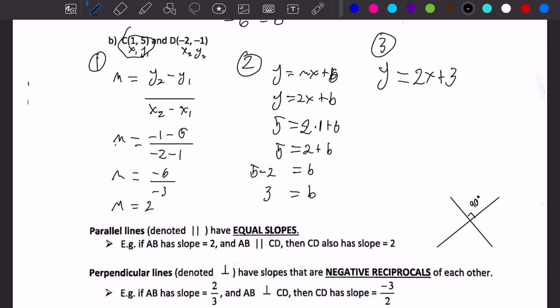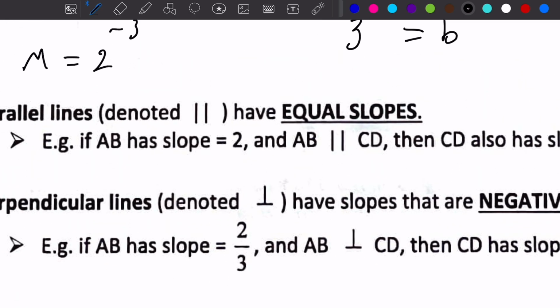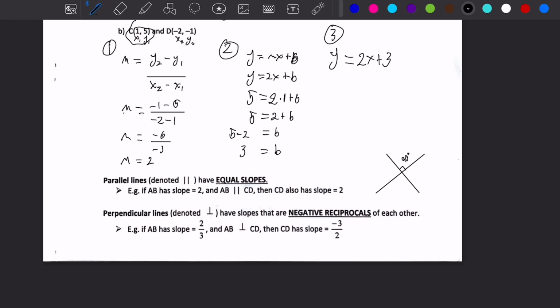If 2 lines are perpendicular, whatever the first line slope is, we are going to flip it. If it's a fraction, we'll flip the numerator and denominator. If it's a whole number, it's going to become a fraction, and you're going to change the sign. For example, if AB has a slope of 2/3, then its perpendicular line has to have a slope of -3/2. So we flipped it and we made it negative, right?